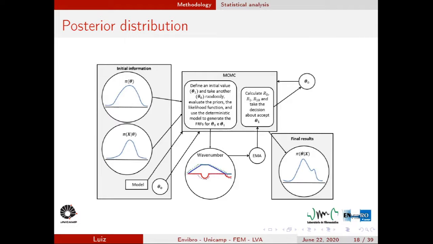Then, defining an initial value in the parameter space, we use the Monte Carlo combined with Markov chain method to random walk and accept or reject the tested value based on the values of the prior distribution evaluated for those 2 values for the parameter, and we also evaluate for the likelihood function, and we also use the difference between the observed wave number, the value considered as the observation for the wave number, and the value we obtain in the model. Then, after a defined number of steps, we have the final result, which is a distribution called the posterior distribution.